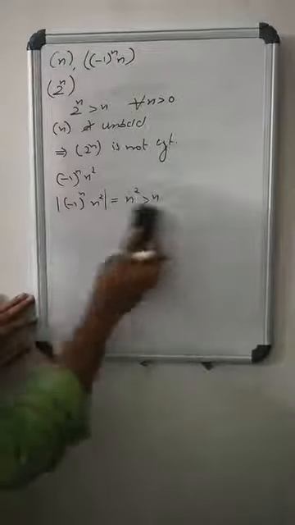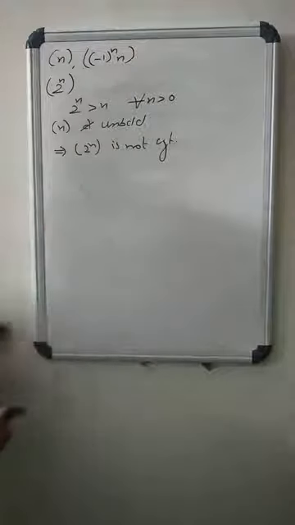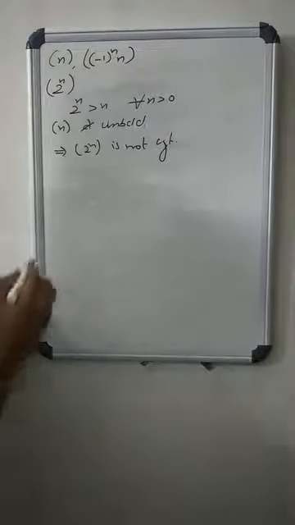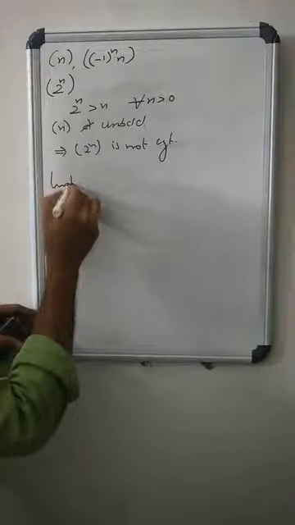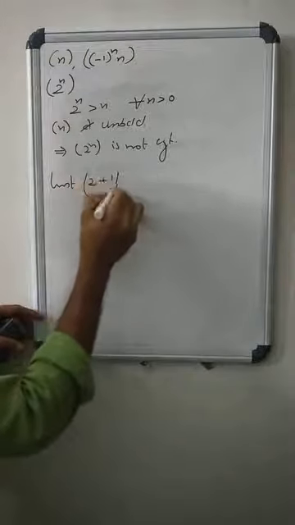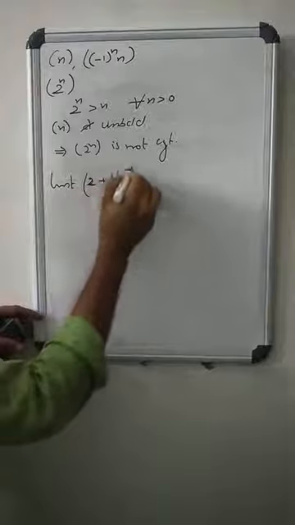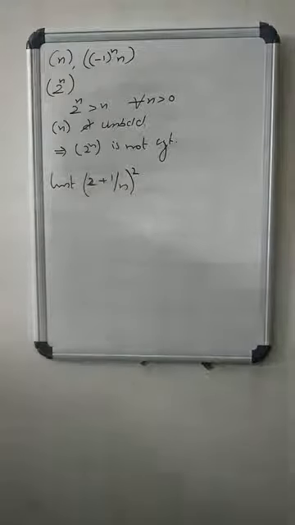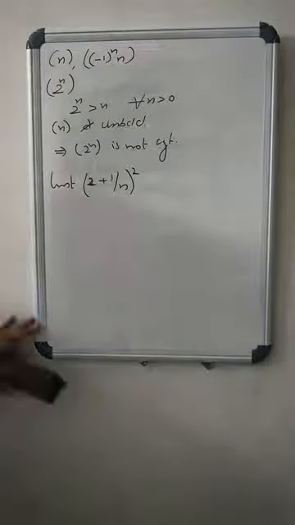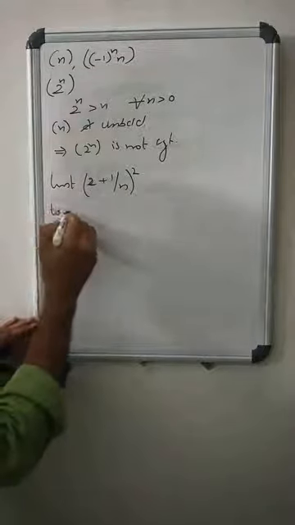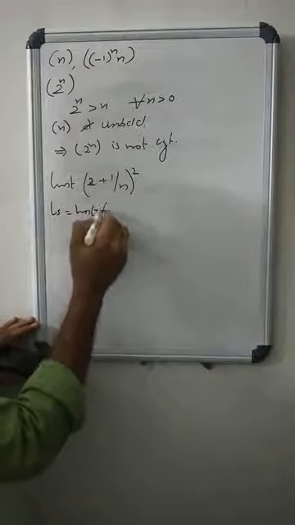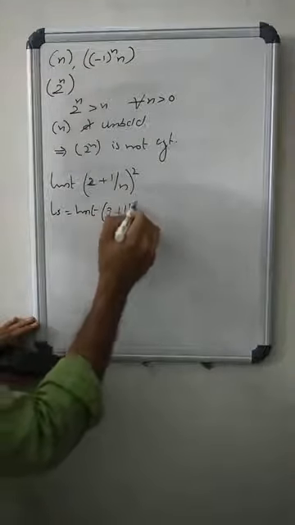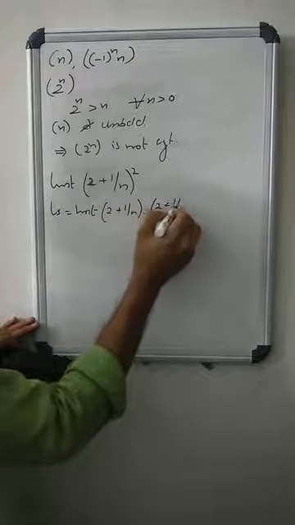Now, let's consider another problem. Find the limit of (2 + 1/n) whole squared. How to find this limit? The left side equals the limit of (2 + 1/n) times (2 + 1/n).